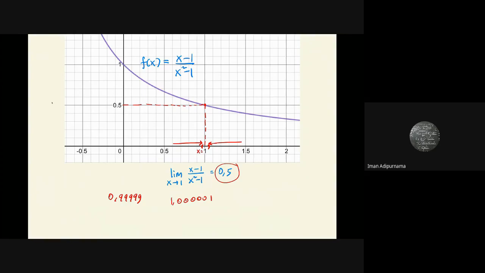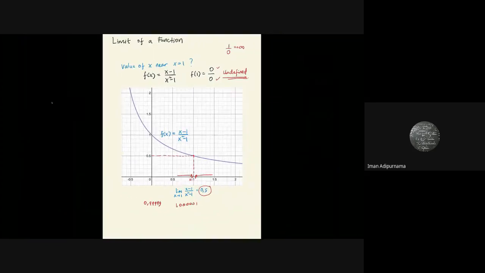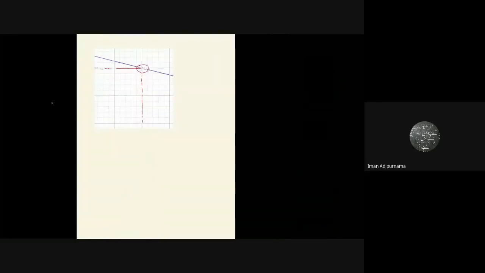So at least from this graph, let me write here.